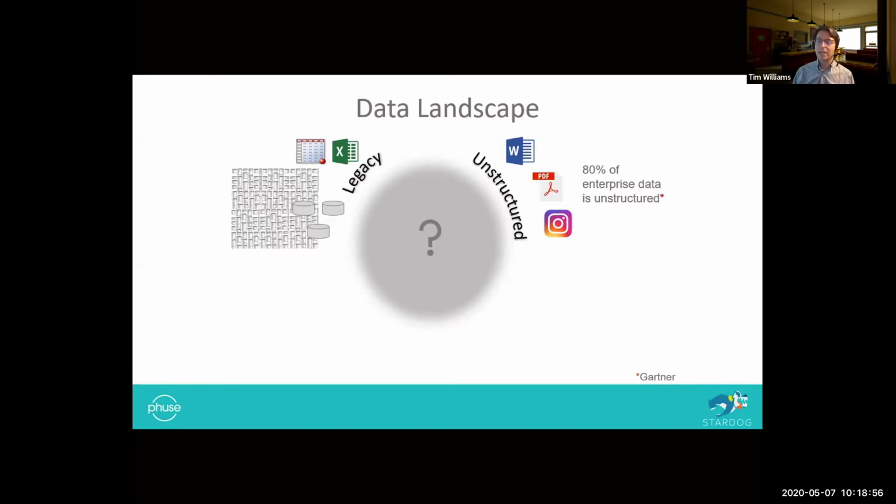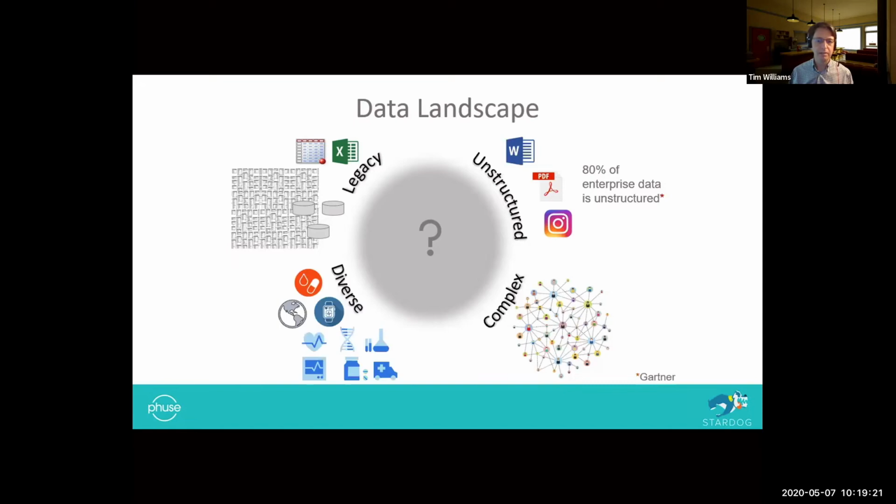Gartner estimates that 80% of enterprise data is unstructured. This includes data sources like word processing files and PDF documents, think study design, study protocol, study report, and also images, audio, and video. Our data is increasingly complex. We want to capture data around the data, how it was collected, interrelationships between data values, context, metadata.